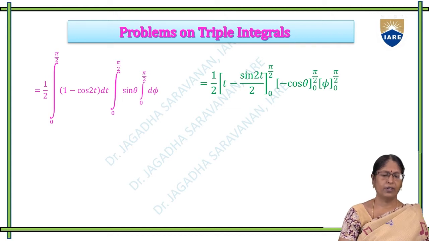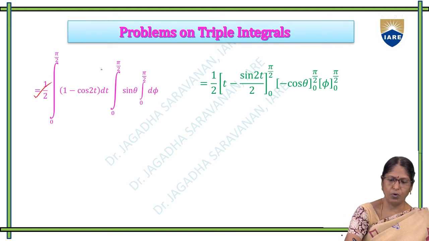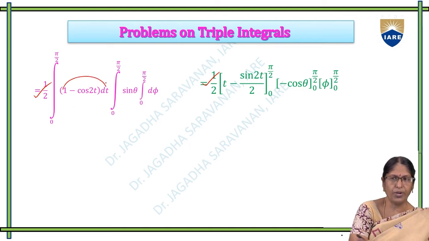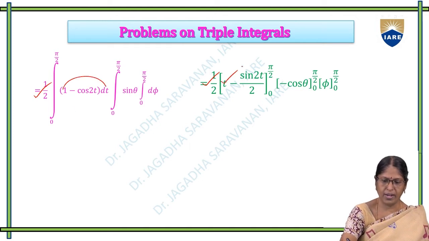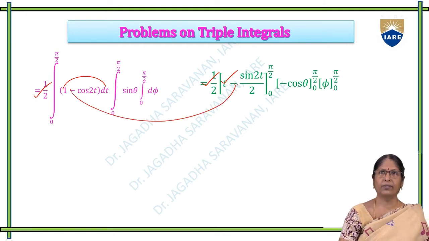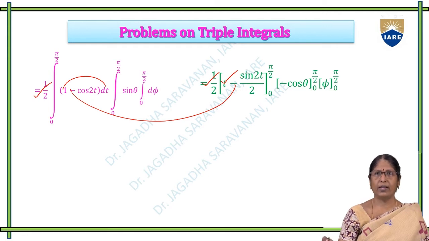So we can see it now. 1 by 2, 1 by 2, and 1 into dt, that is t. This minus, here minus cos 2t, the integral is sine 2t divided by the coefficient of t, which is 2.